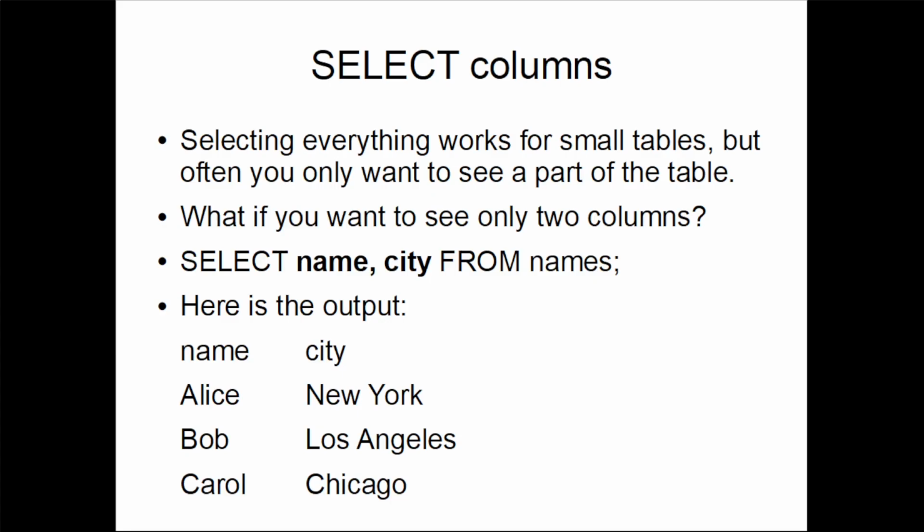Resource efficiency: in production environments, minimizing data transfer saves bandwidth and system resources, which matters for applications or reports. Here is your hands-on challenge, run the select name, city from names query in your database. Then, experiment by selecting different column combinations, like just name or name and ID.